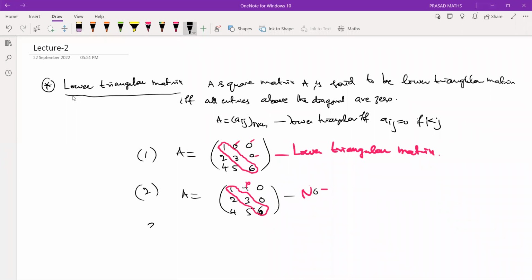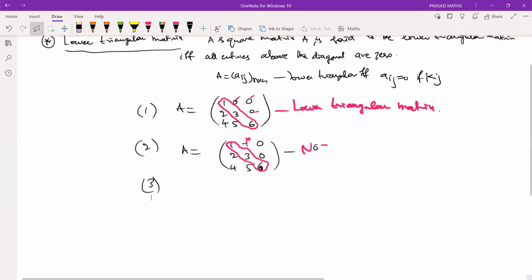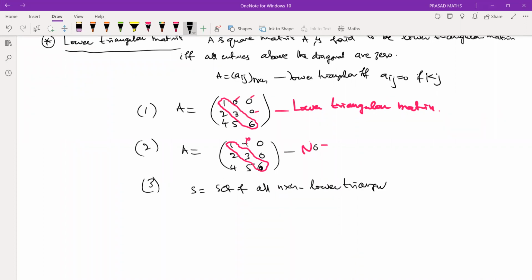Next, suppose S is the set of all n cross n lower triangular matrices, that is, lower triangular matrices of order n by n.